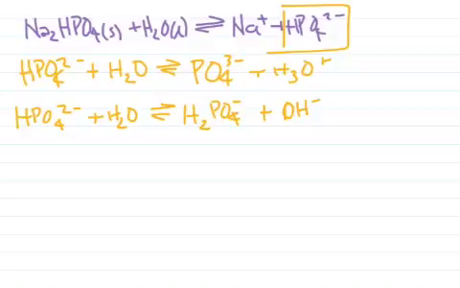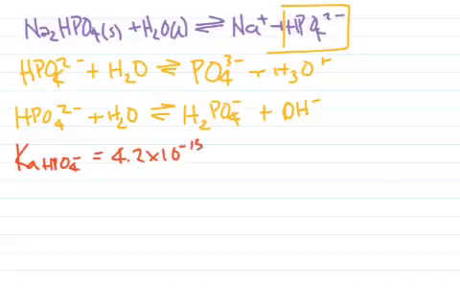Now I want to figure out, well, is this HPO4 2 minus a stronger acid or base? Which one is it? Well, the first thing I'm going to do is go to Appendix C in my book, and I'm going to find the Ka of HPO4 2 minus, and I get a Ka equal to 4.2 times 10 to the minus 13th. Now, I want to find the Kb.